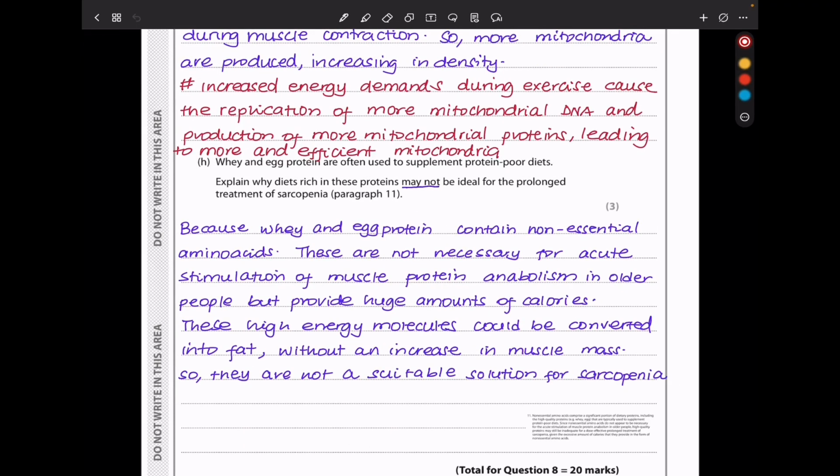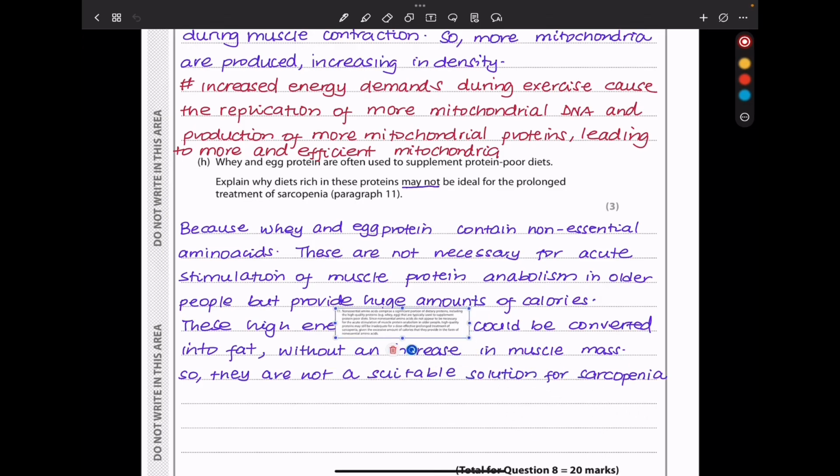And lastly, they say whey and egg protein are often used to supplement protein-poor diets. Explain why diets rich in these proteins may not be ideal for prolonged treatment of sarcopenia, and they're referring to paragraph 11.